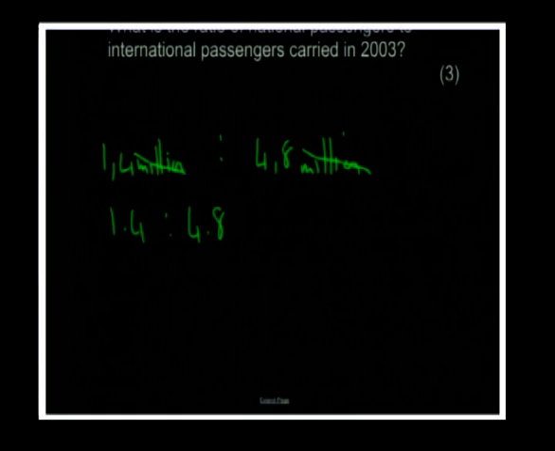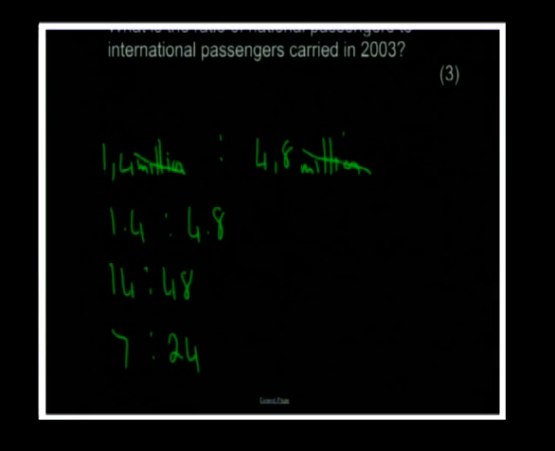Now, if we have decimals, we also don't like those. So I'm going to just take every number and multiply it by 10 quickly, and that will give me 14 as to 48. We can see that both of those numbers are even, so let's halve them, and we've got half that is 7, half that is 24.